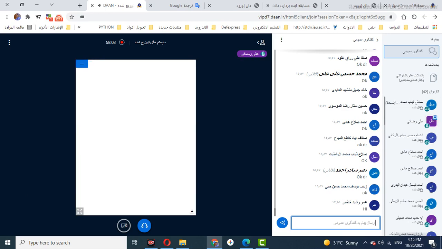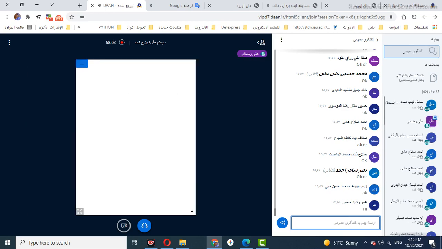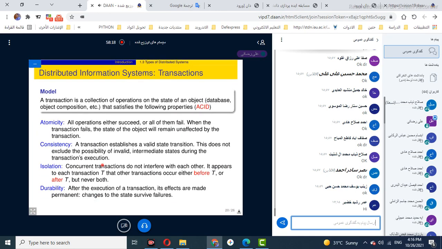Transactions are atomic. We have different properties regarding transactions, as we discussed in the previous session, and I want to review these again. These four properties are called ACID properties: atomicity, consistency, isolation, and durability.